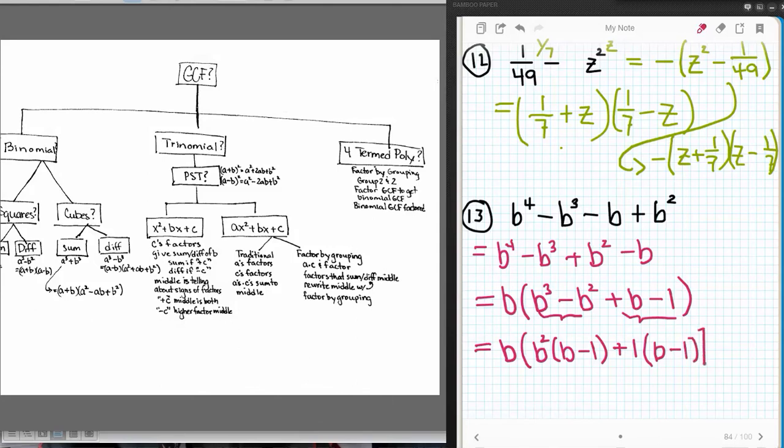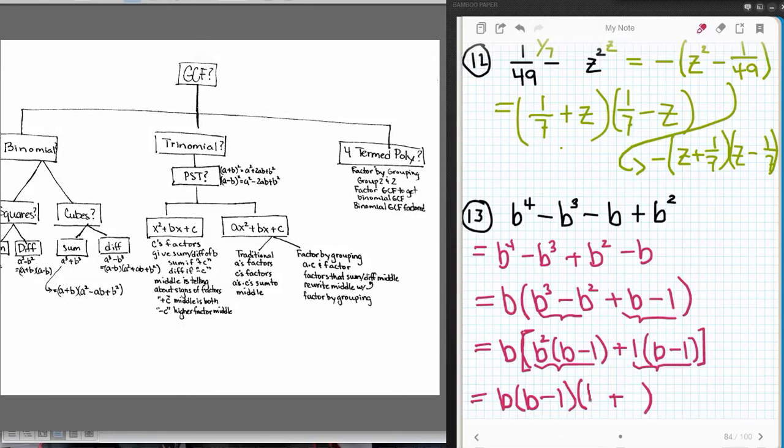And now what I'll see is that I actually have a GCF between this first term here and this second term here. And that GCF is a binomial, so I already have my GCF of b, and now I have a second GCF, b minus 1, and now I'll prepare myself for the two terms that are left and put a plus in between these.